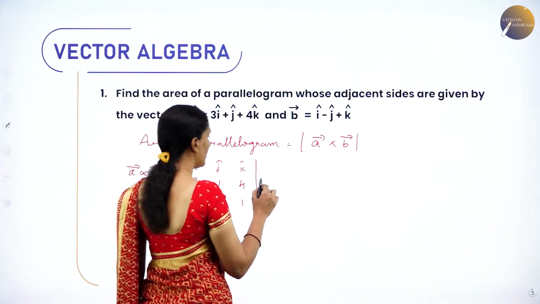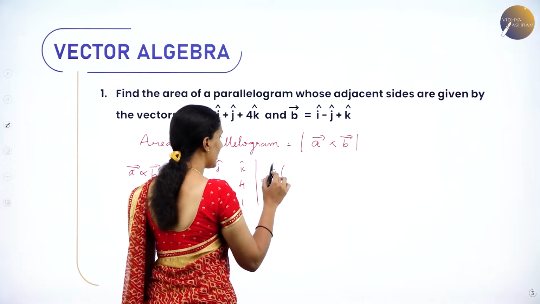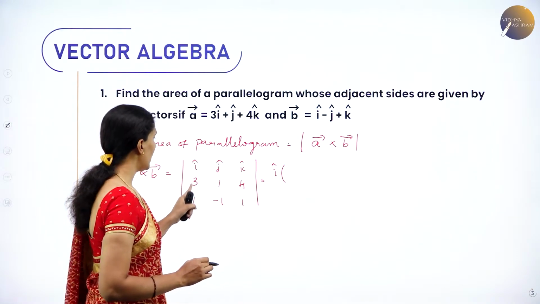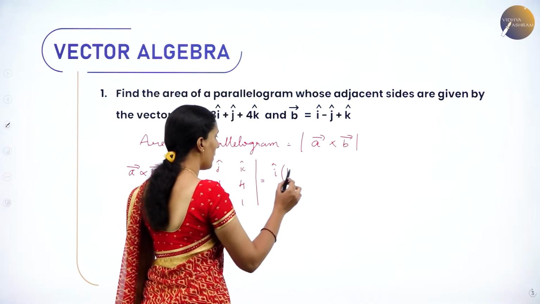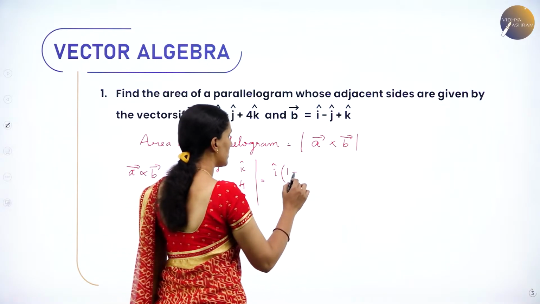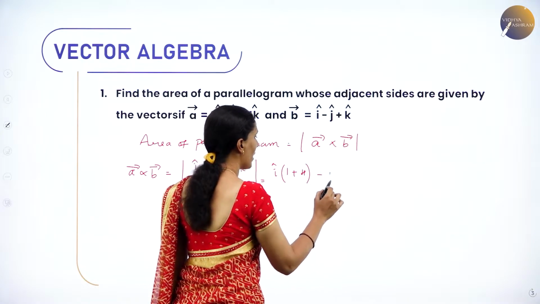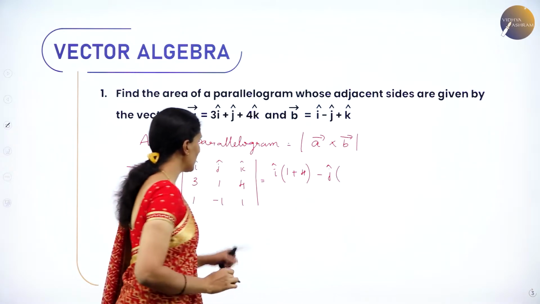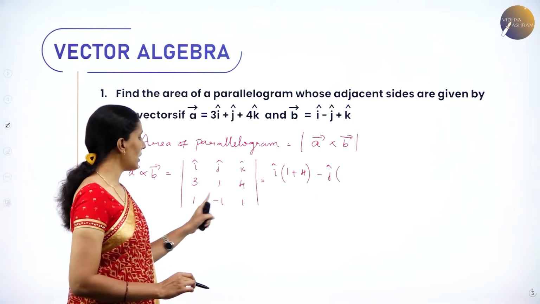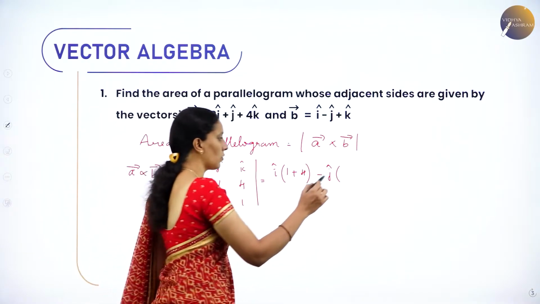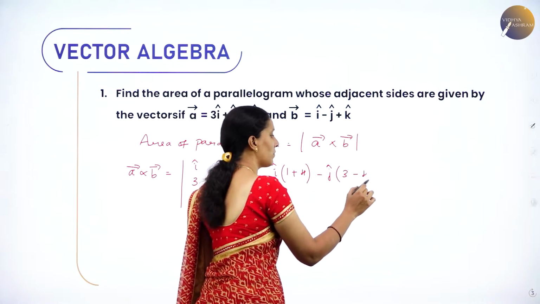Now we will expand it. So i cap into, delete the column, delete the row, 1 ones are 1, minus of minus 4 means it is plus 4. Next we have minus j, delete the column, delete the row, 3 ones are 3, minus 4 ones are 4. So it is 3 minus 4.